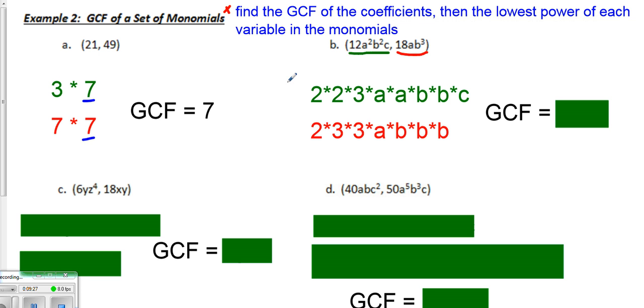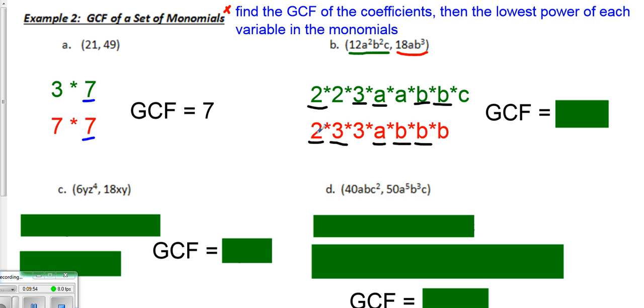Now within each monomial we can see here's a 2, here's a 2, here's a 3, here's a 3. It happens in both of them. Here's an A, here's an A. Now again, this one has an extra A, this one does not, so we can't take another one. But they both have at least one B. They also both have a second B.